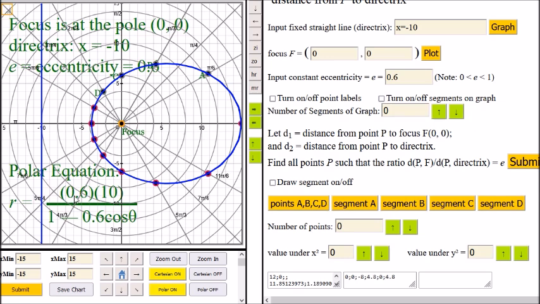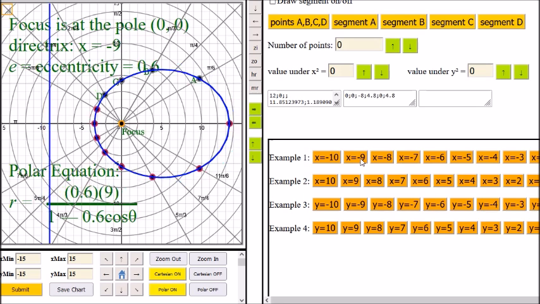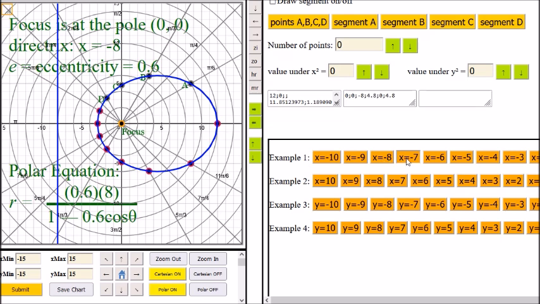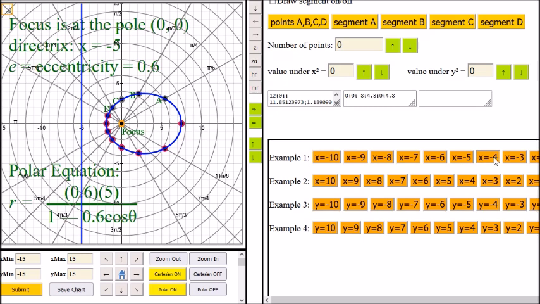And therefore the equation for this ellipse will be 0.6 times 10, which is E times D, divided by 1 minus E times cosine of theta. And here's x equal to negative 9 for the directrix, x equal to negative 8, negative 7, negative 6, negative 5, negative 4, negative 3, negative 2, negative 1.